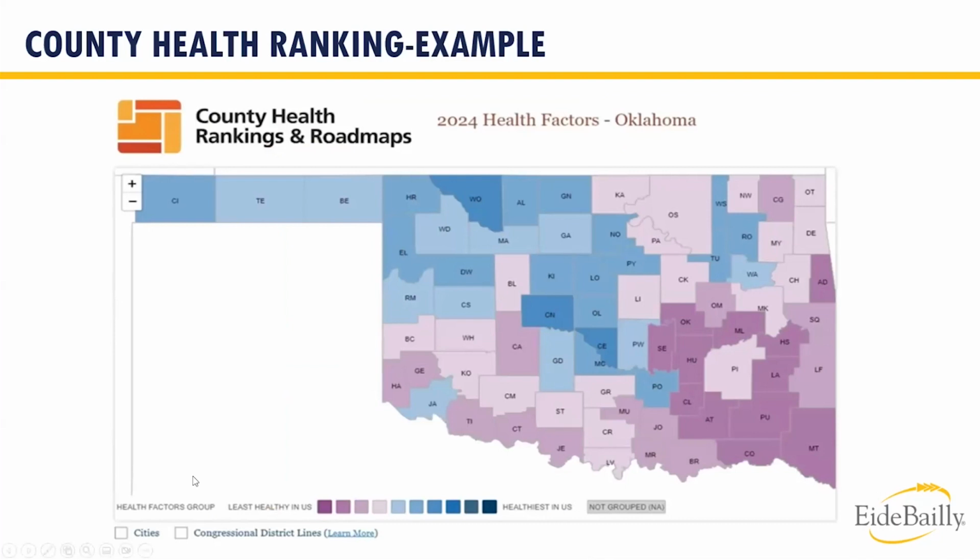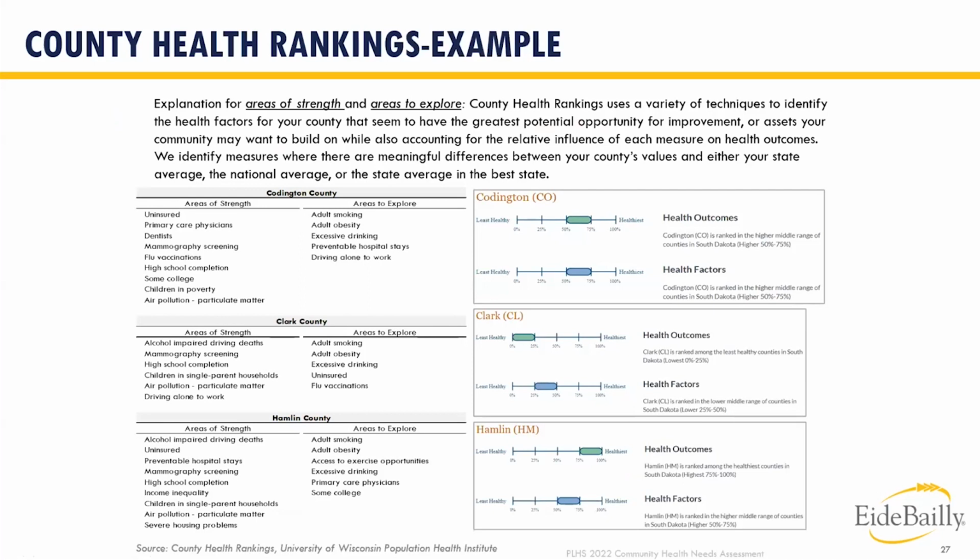When they look at the state, those counties that are considered to be the healthiest are going to be the dark blue on down to the dark purple. That's their measurement factors, and then those same colors will fall within your specific counties within the state. And then for each county, they're going to give very detailed information.